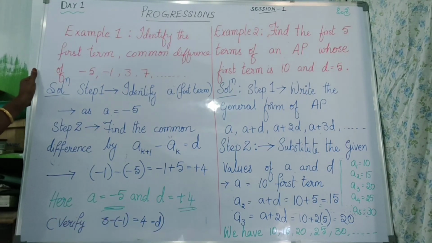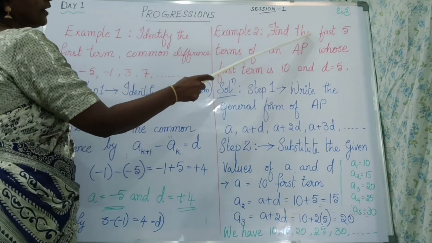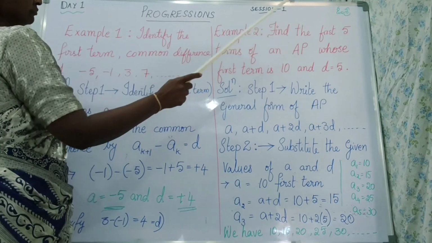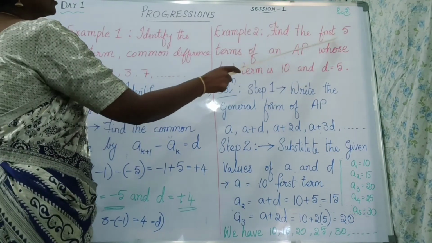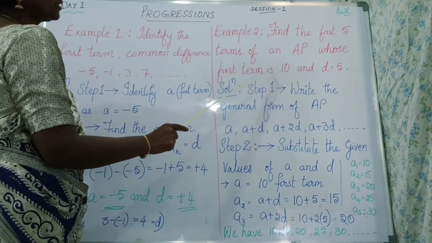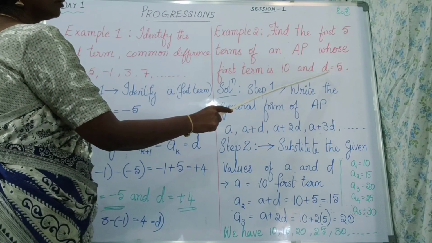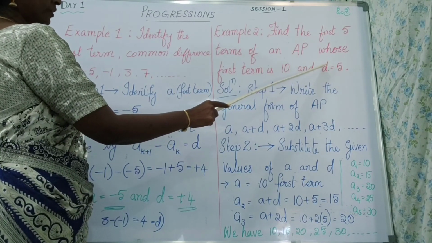So we'll take the second example. Find the first 5 terms of an AP whose first term is 10 and d is 5. What do you mean by d? d is the common difference.